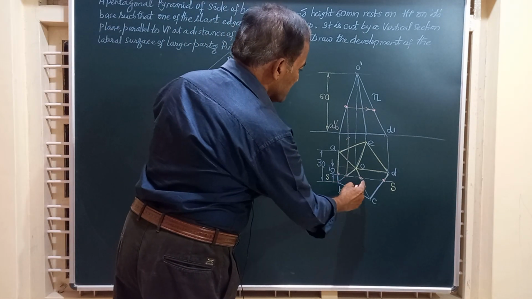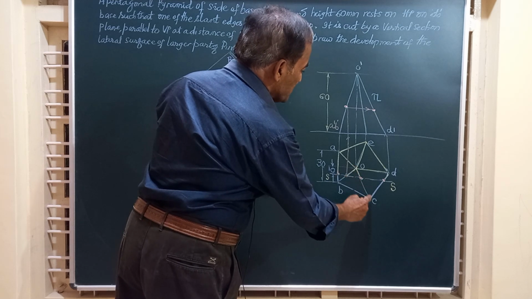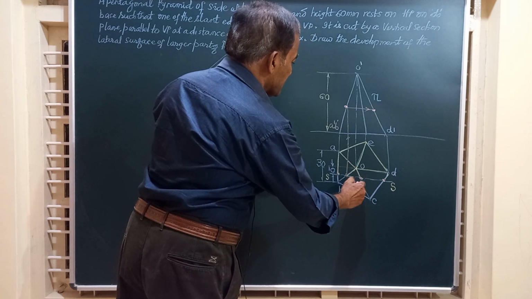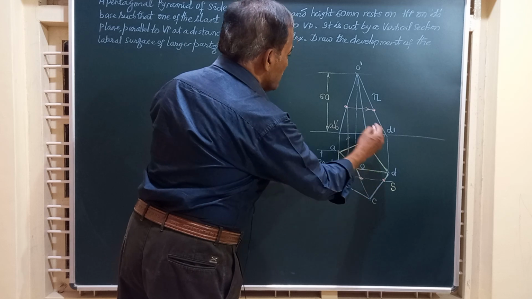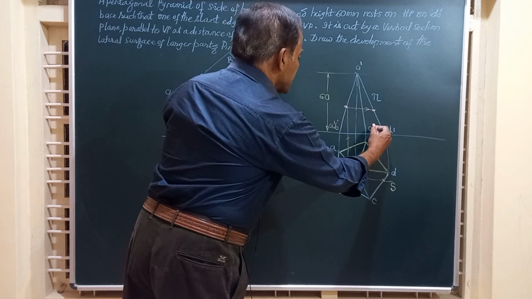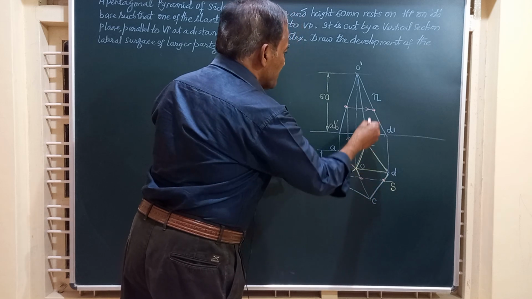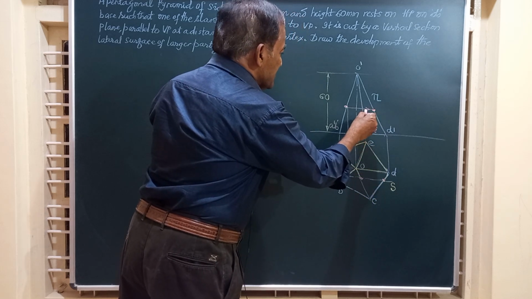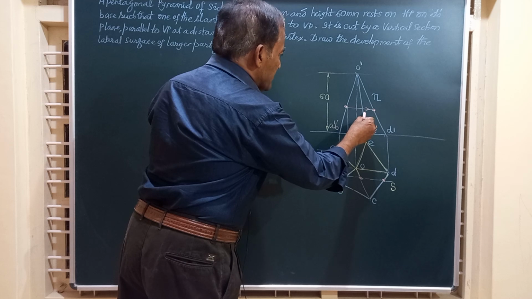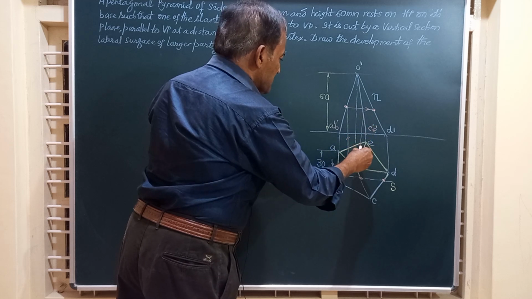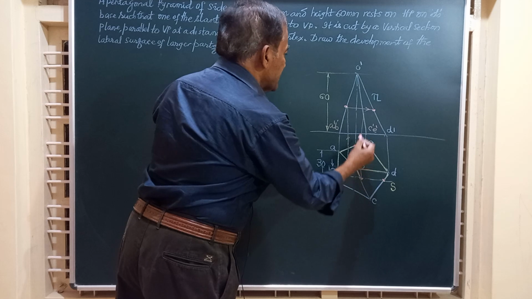And finally, you have this OC, the slant edge, cut by the section plane. Where is OC? OC is here. That is C dash, E dash. So friends, draw a vertical line from here till it touches that. So it is cutting here.